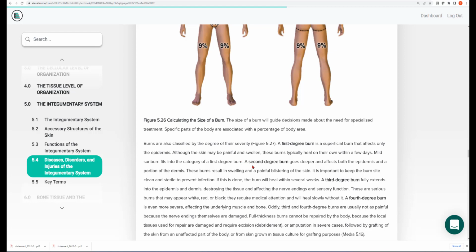In a second degree burn, the damage goes deeper, and it is going to affect all of the epidermis and is going to go down and damage a portion of the dermis. These burns, second degree, are very swollen, and what is most telltale about a second degree burn is the presence of a blister. So if the skin blisters, it is a second degree burn.